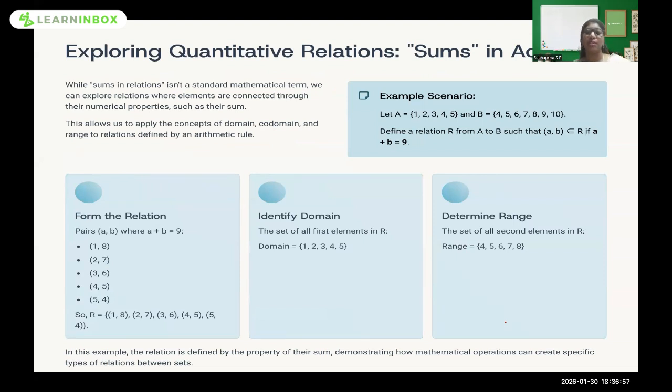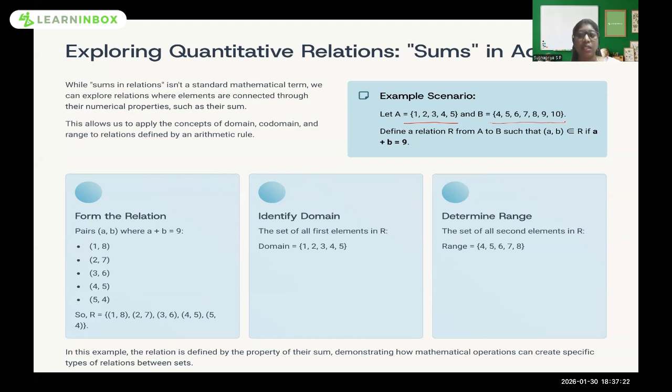Let's see some more things. While doing sums in relations, we are going to see some more numerical properties. Here is an example scenario. A equal to {1, 2, 3, 4, 5}. B equal to {4, 5, 6, 7, 8, 9, 10}.